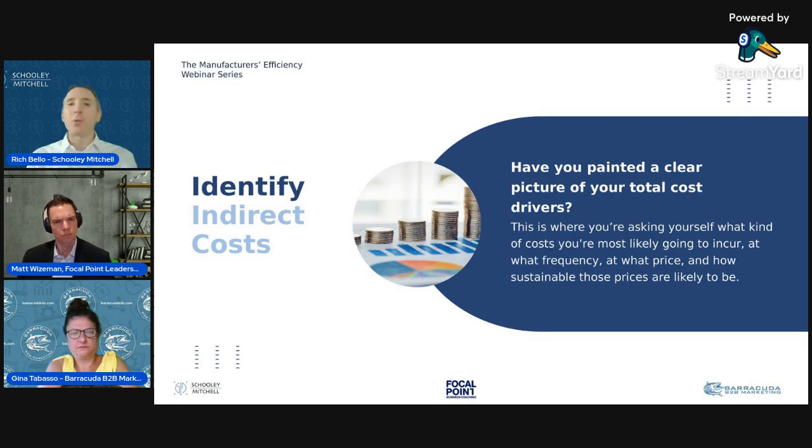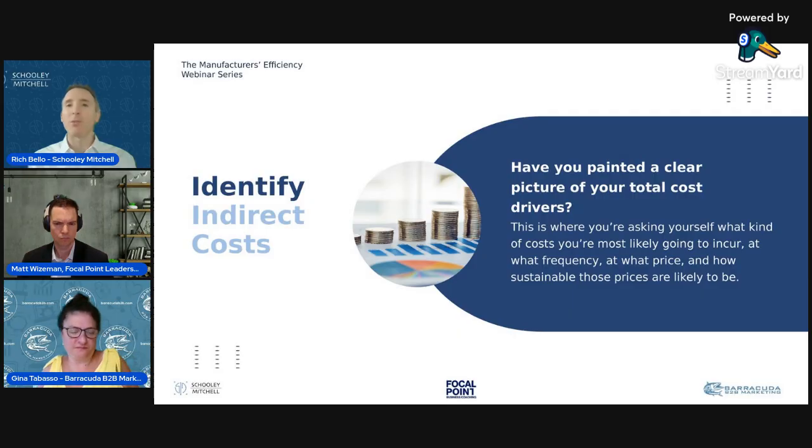The first one is really just knowing what it is that you're spending and how you're spending it, and how it relates specifically to your production and your manufacturing, like the products that you're producing and putting out to the market. Do they play an impact on the amount of supplies that you're buying and how regularly you're doing so?